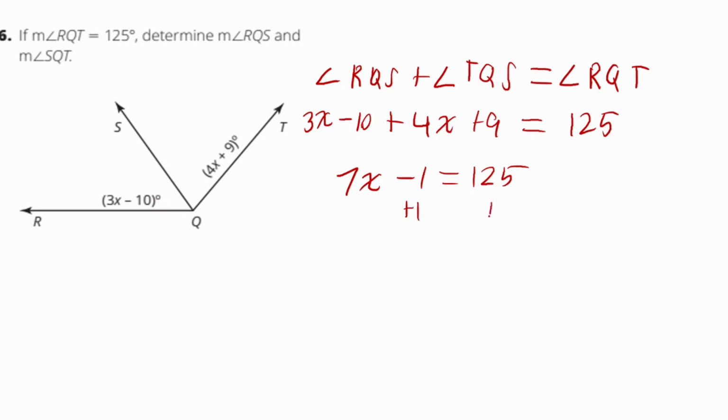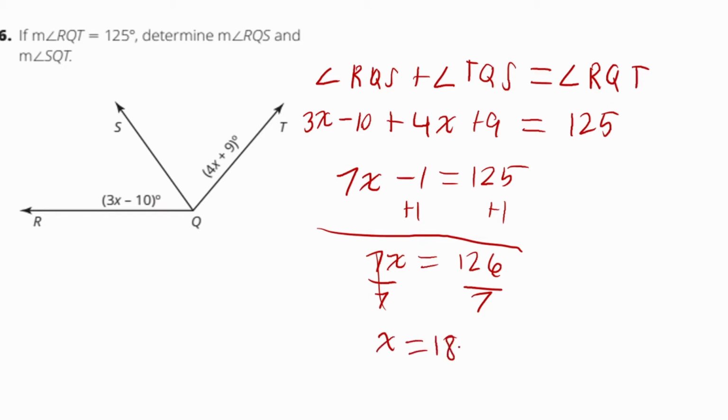We add 1 to both sides. That's going to give me 7x equals 126. Now I need to go to my trusty dusty calculator. 126 divided by 7. So when we divide both sides by 7 to get it away from my x, it'll cancel, and we're left with x equals 18.